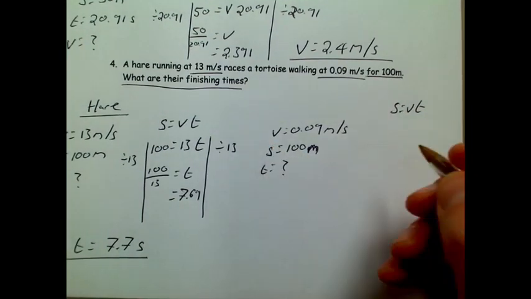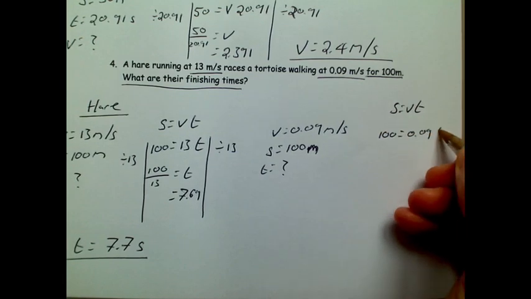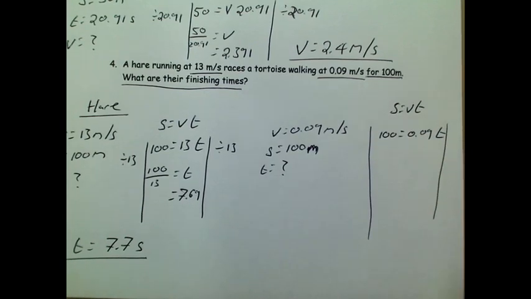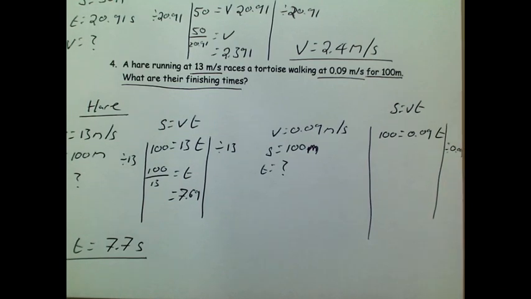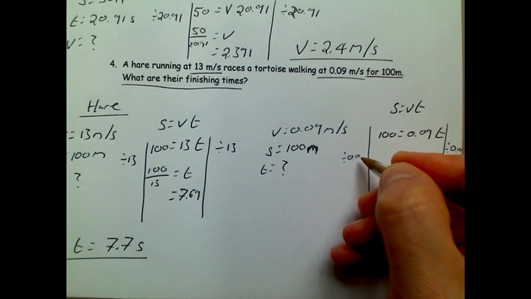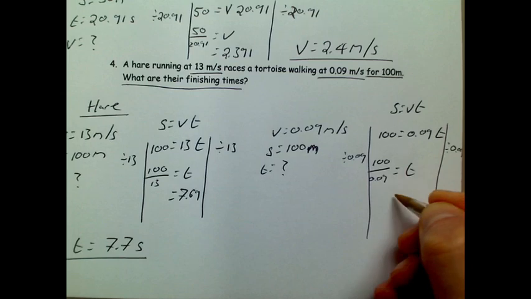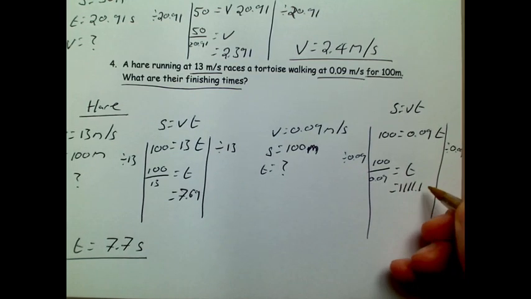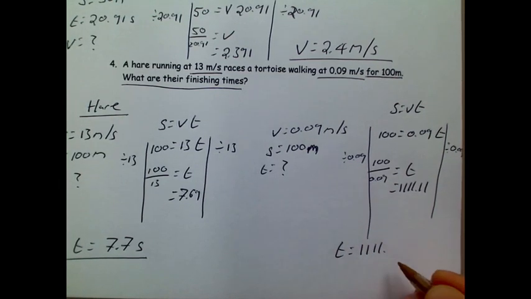Substitute the values in. 100 equals 0.09 lots of T. So I need to rearrange. I need to divide by 0.09. Oh, run out of space. Divide by 0.09. So 100 over 0.09 equals T. So T equals 1111.11. So my answer for T is 1111.1 to 1 decimal place seconds.